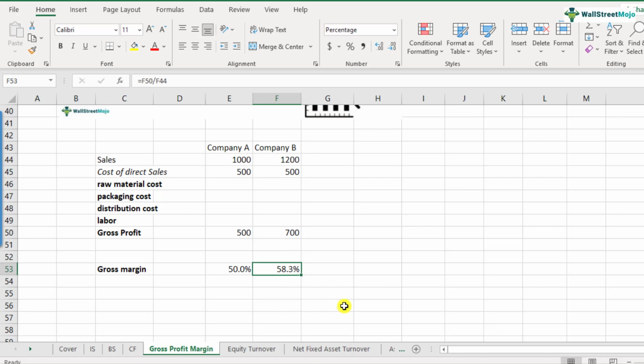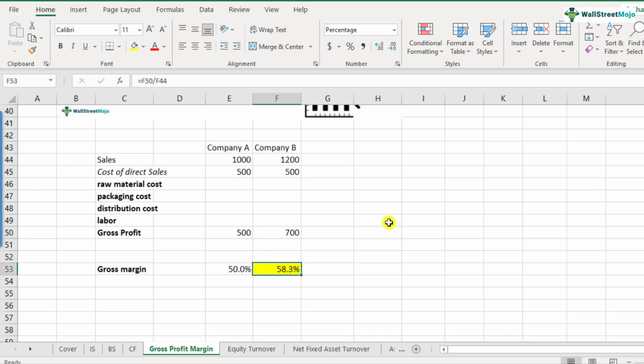So which one is better? Of course, the one that is generating higher gross profit margin will be better. In this case, between company A and company B, company B is generating higher gross profit and therefore it results in higher gross profit margin on a per dollar basis. Gross profit margin of company B is 58.3%. So that's much higher.